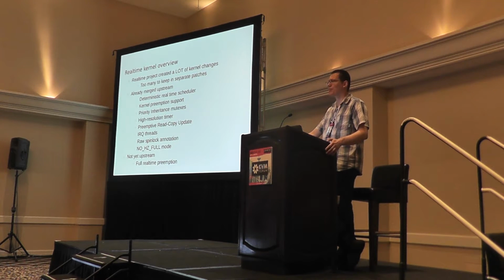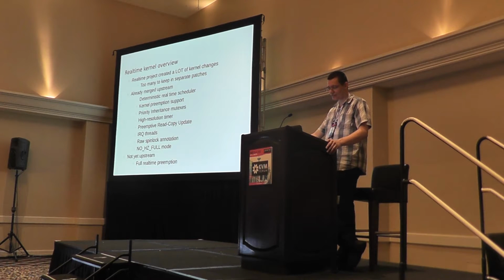This has been upstream for years, and everybody uses it for all kinds of things. But it's one of those things that was developed for real-time originally. Preemptive read copy updates, spin lock annotation, no hertz full mode, things like that are all upstream. A few people are using it.